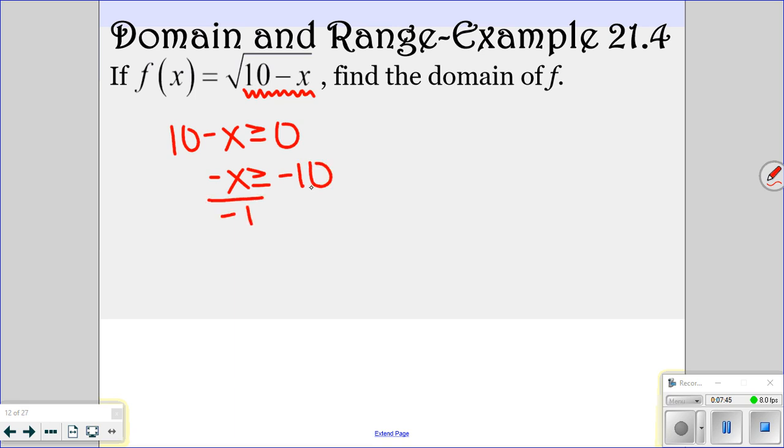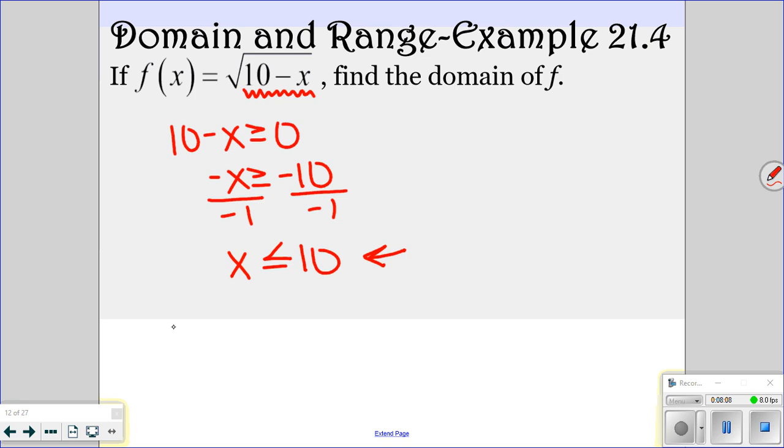And then I can divide by negative 1, and that would give me that x is less than or equal to positive 10, because remember, when you divide by a negative, this sign flips. So this is our restriction on our x. We can plug in 10 and any number smaller than that. But if we plug in 11, it won't work. Or if we plug in 10.01, it won't work.